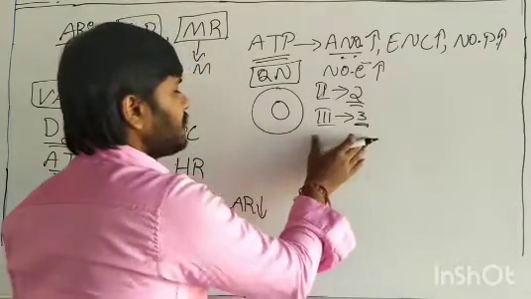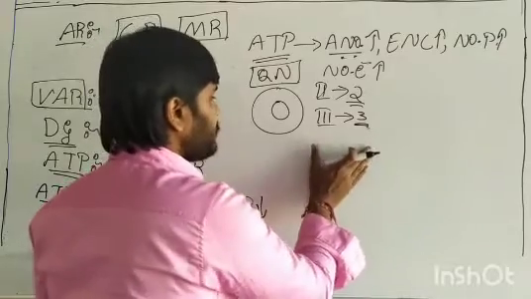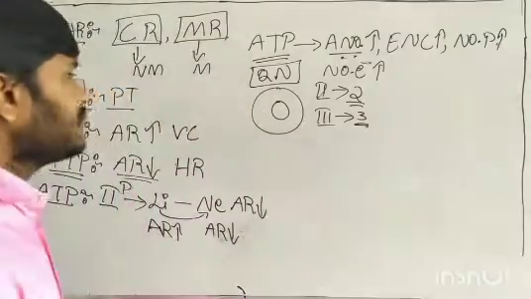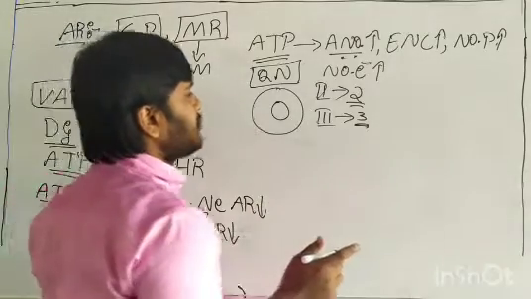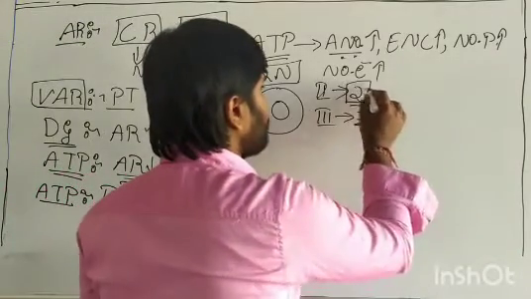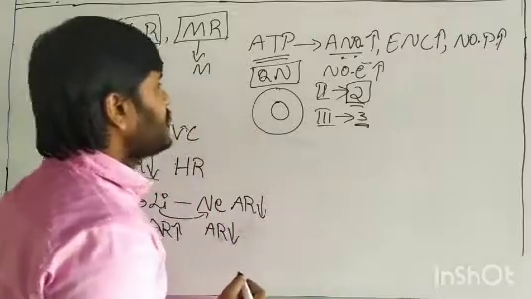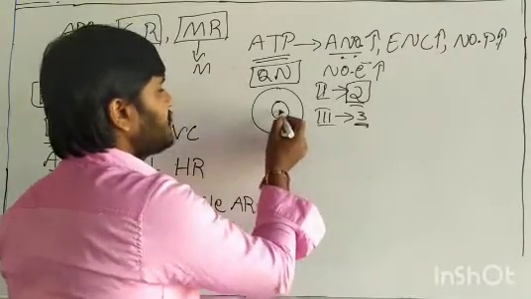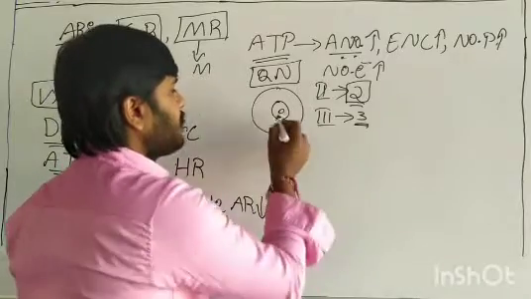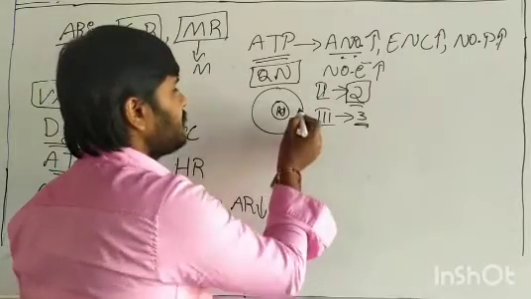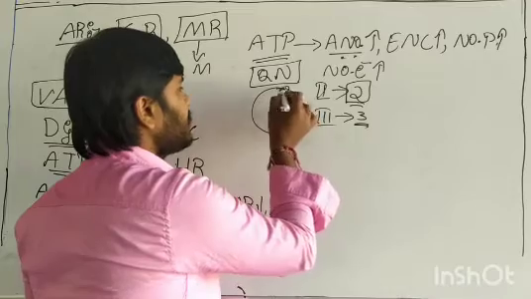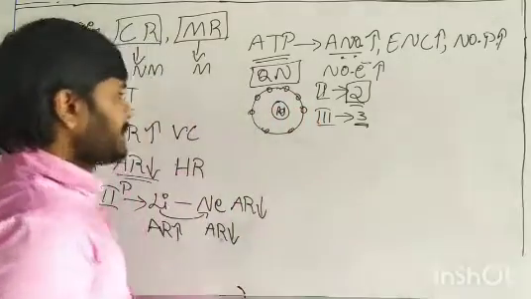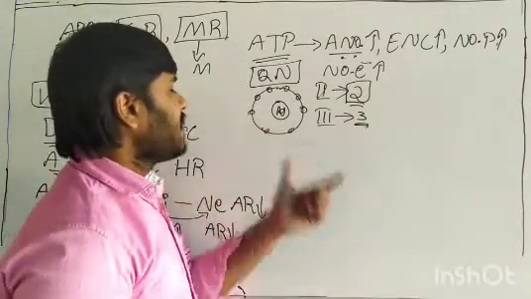Like this, for each period we have the same principal quantum number. Because of this, along the period the electrons present in an atom enter the same orbitals.